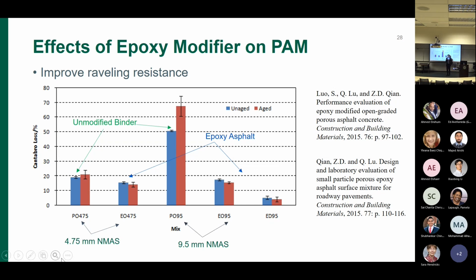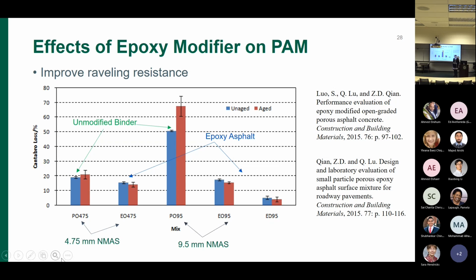Yes, you have a question. Yeah, is the epoxy asphalt considered a rigid pavement or flexible? Asphalt is asphalt. The typical modulus range for asphalt mixture is 1,000 megapascal to 10,000 megapascal, depending on the temperature and the loading frequency.